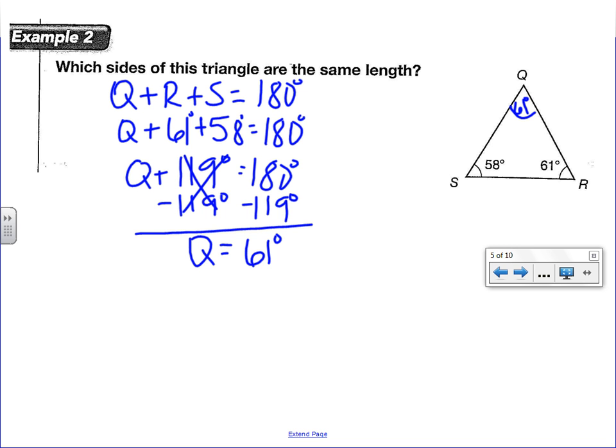Well, now the two angles that are congruent, or that are the same, are 61 and 61. So the sides that are the same length are going to be the sides that correspond to those angles. So we have side SQ and side SR. Final answer.